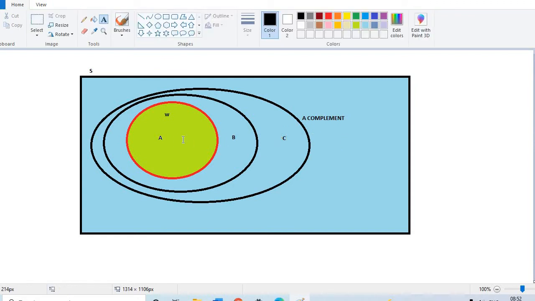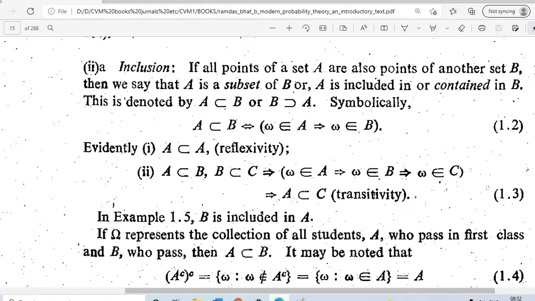A is a subset of B and B is a subset of C. Then A is automatically a subset of C. So that is the second property of inclusion, usually called transitivity. That means if omega belongs to A implies omega belongs to B, that implies omega belongs to C. The figure is clear.